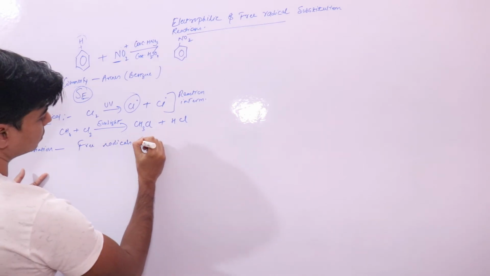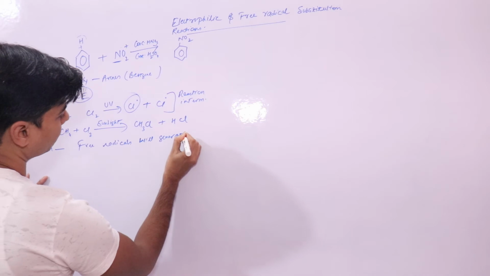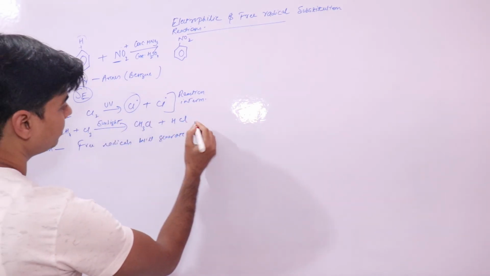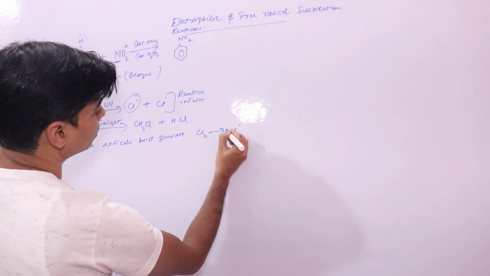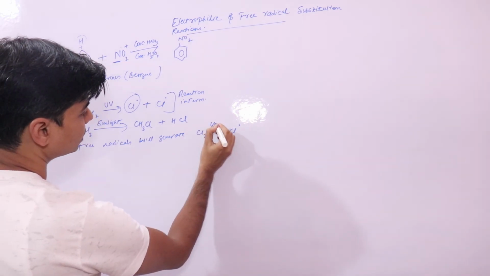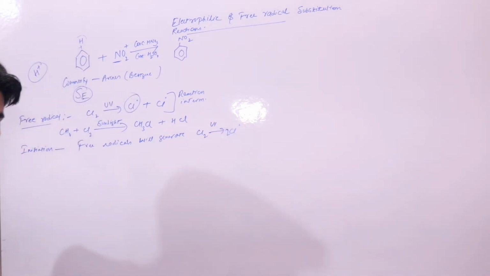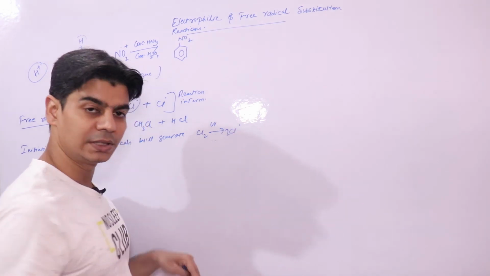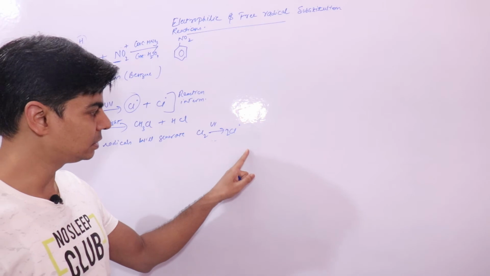For example, chlorine forms 2 chlorine free radicals in the presence of sunlight or UV rays. So this is the initiation stage of the free radical substitution reaction, where the reaction is initiated by free radicals.